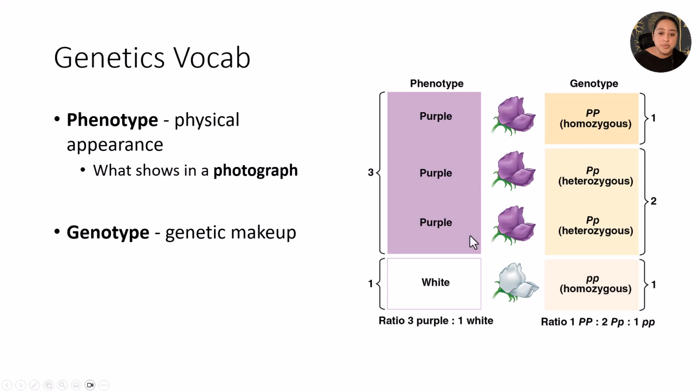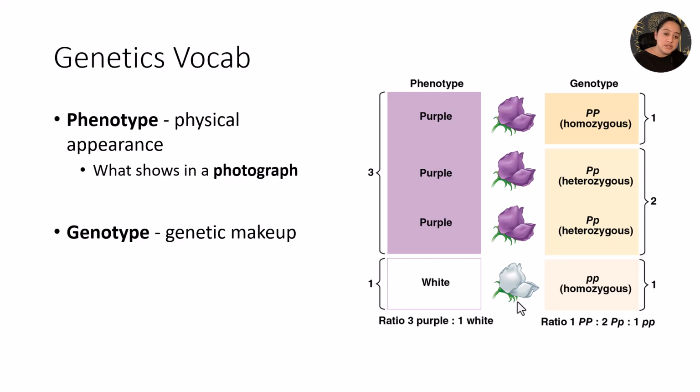So even though they're purple, they are heterozygous because they do have the white allele as well. It's just that the big one, the dominant one, is dominant, and so that's all that shows, but it has one of each. So it's heterozygous. And then lastly, the little p is homozygous recessive because it has both copies of the white flower color, which is recessive, and so it is a homozygous recessive flower.